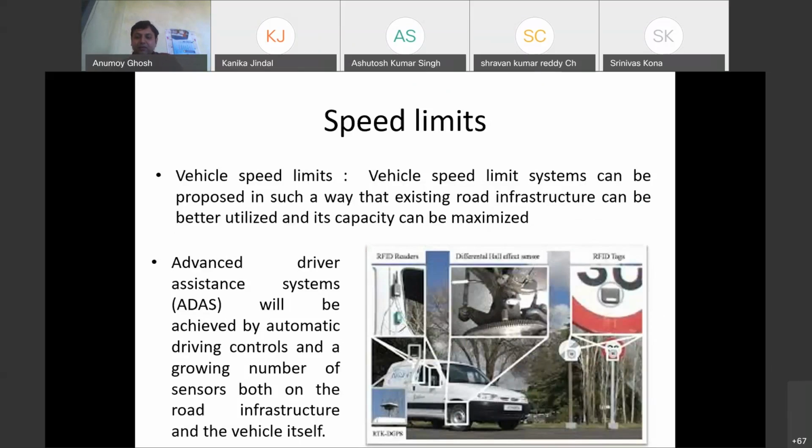Whenever there is communication between the reader and the tag, the tag will direct the sensor that the limit should be 30 km per hour, and accordingly the ECU of the car will decrease the speed of the car to 30 km per hour. Even if the driver wants to increase the speed above 30 km per hour, he will not be able to do it.